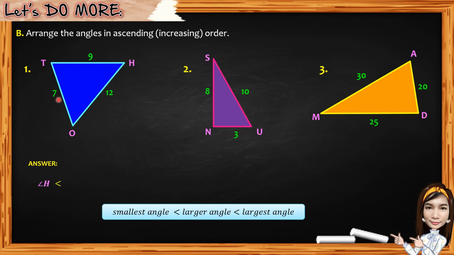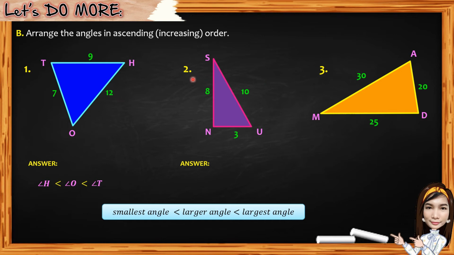Less than the larger angle is angle O, which is the opposite of the longer side, DH, 9. Less than the largest angle is angle T, which is the opposite of the longest side, HO, 12. So therefore, angle H is less than angle O less than angle T.